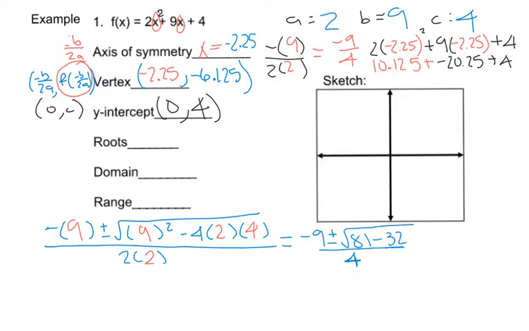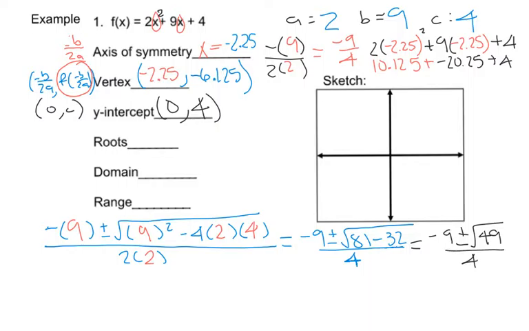All right, so when we work that out, we get negative 9 plus or minus the square root of 9 squared is 81, and then negative 4 times 2 times 4 gave me a negative 32, all divided by 4. We can simplify that even further to get negative 9 plus or minus square root of 81 minus 32, which is 49, divided by 4.